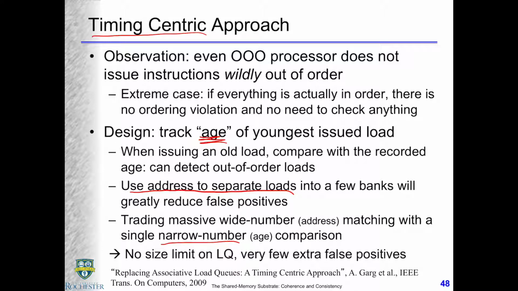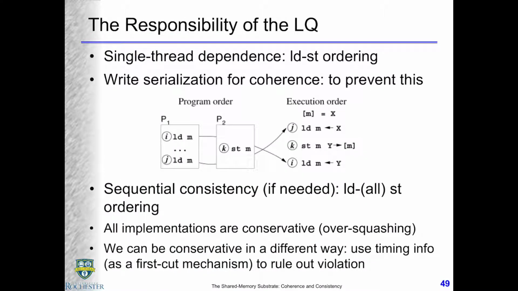So we compare a narrow number for the most part, okay? And as a result, as a side benefit, we don't have a size limit on the load queue. We're not keeping track of everything in a big queue. We're simply recording the youngest load, and therefore we don't have a limit on the size. So this is how things work. Let's take an example.